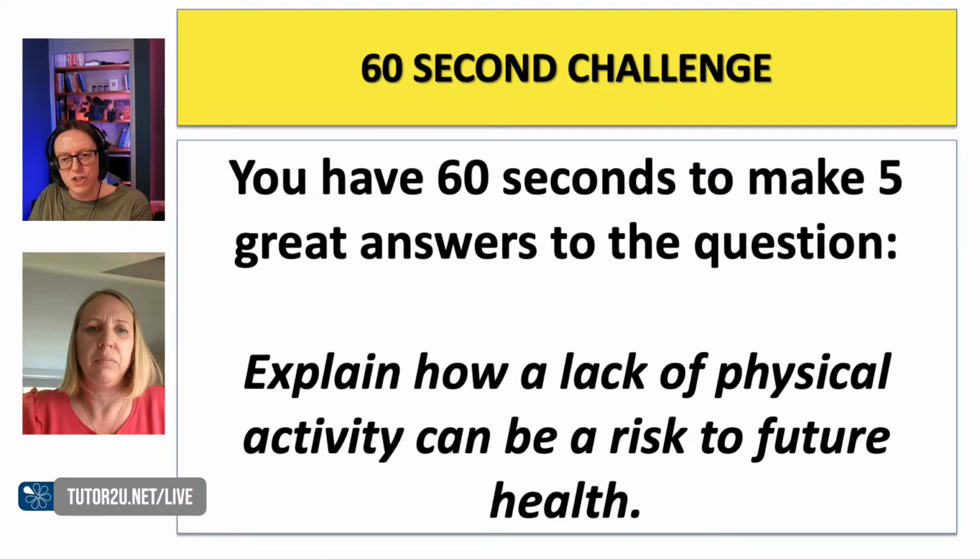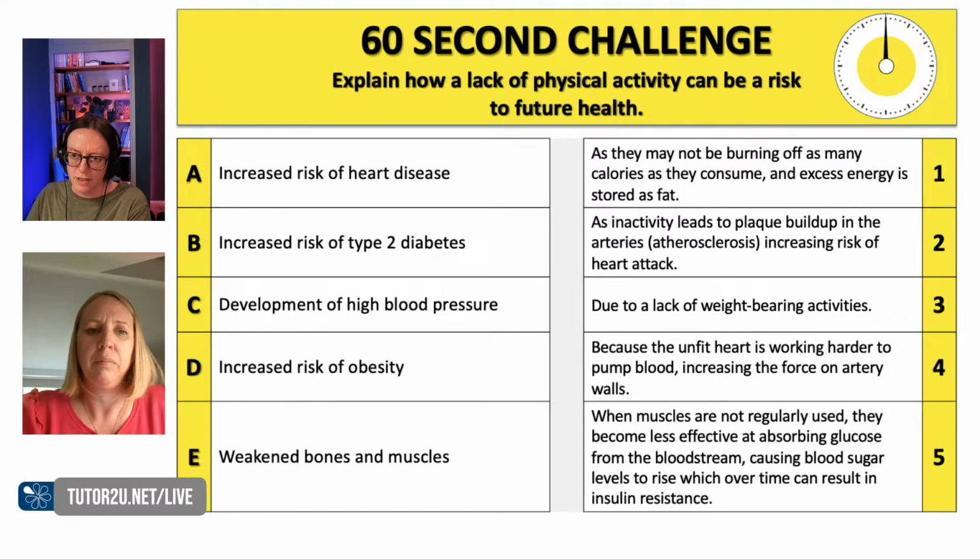Back to a 60-second challenge again. So you've got 60 seconds to make 5 great answers to this question. Explain how a lack of physical activity can be a risk to future health. So I'm just going to start showing you the possible answers there. So a lack of physical activity, so not being physically active, how is this a risk to future health? So what problems could it cause in the future?